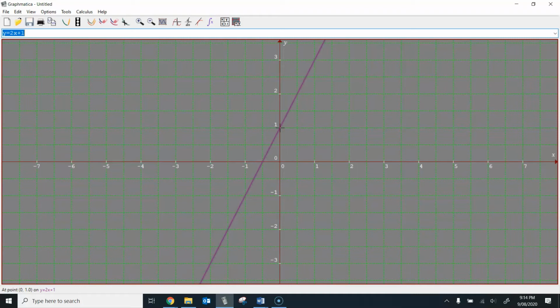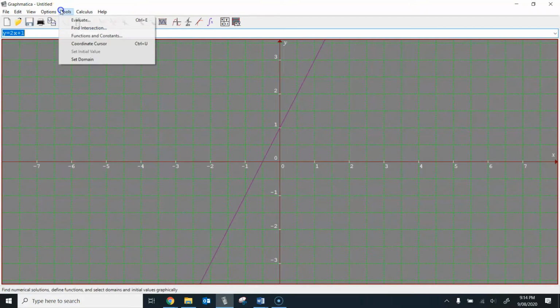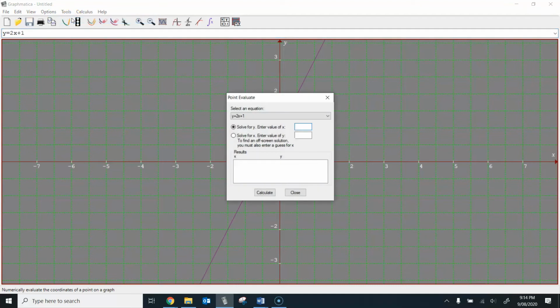The third way, which is particularly good when you have decimals, and when it's not exactly on an actual whole number on the axis, is to go to Tools, Evaluate. So you go to Tools, Evaluate once you've graphed your graph, and you have two options: solve for y, enter value of x; solve for x, enter value of y.